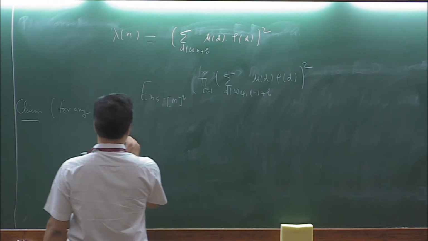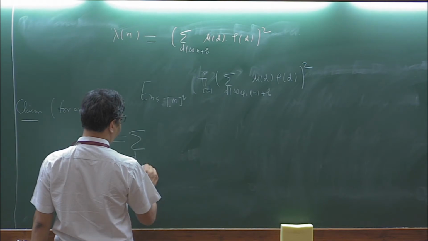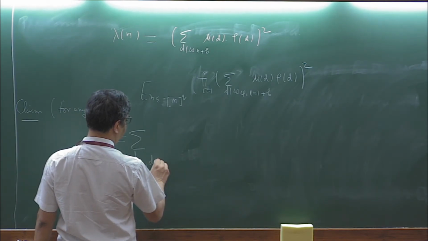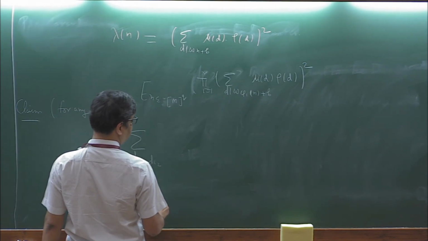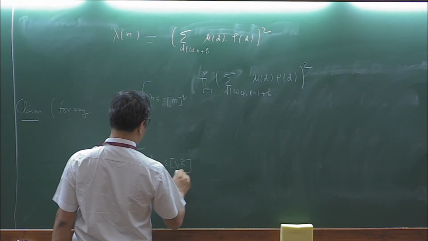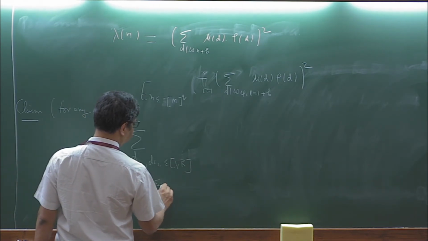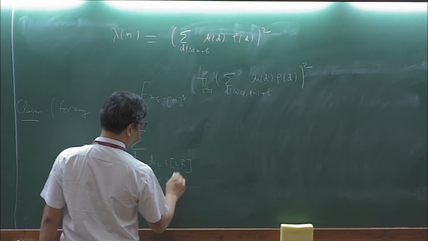But this is equal to what? Summation over d1, d2, with d_i belonging to 1 to r, 1 less than or equal to i less than or equal to small r.